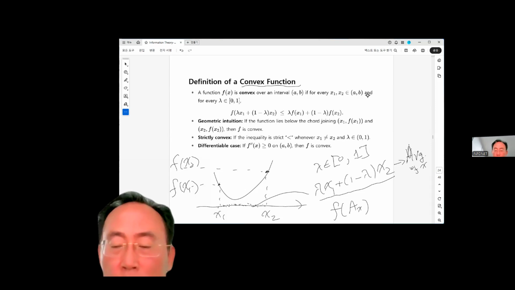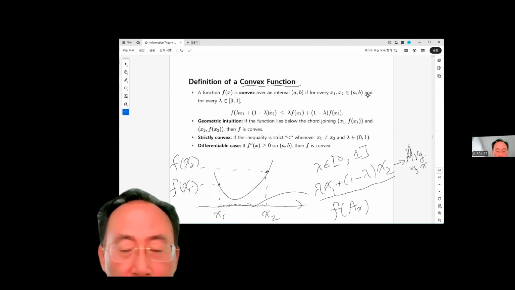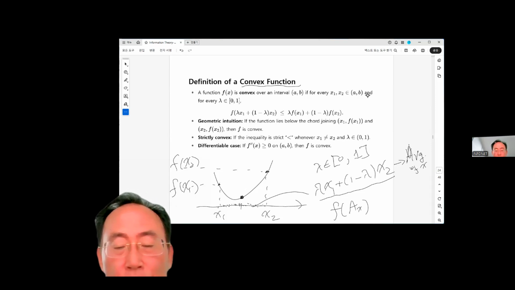anywhere in this point. So that means, for example, if we choose right here at the half, where lambda is equal to half, that means it is right here. And then this point. Now we can talk about function of average. Function of average, then we are doing this. Okay? That is function of average.